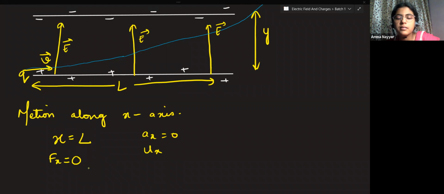Only Hania has answered. Look at the figure. Are you able to see any velocity in the x-axis? Or will ux be equal to 0?